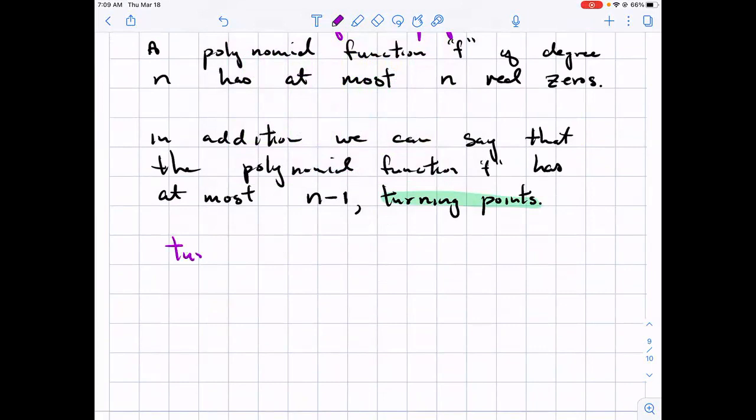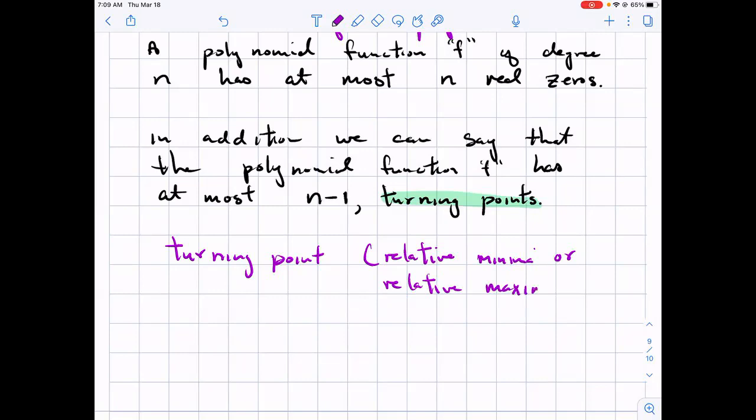So turning points are a relative minimum or a relative maximum. So those are the things we will look at now.